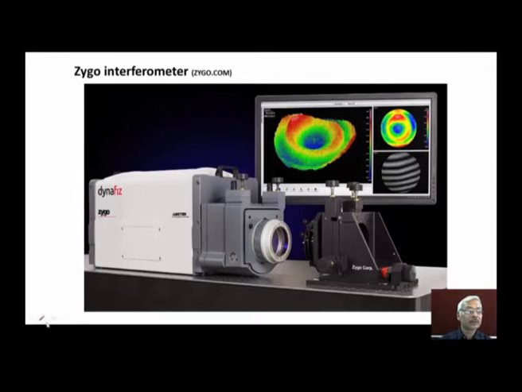Now here we can see another commercially available interferometer made by Jago Interferometer. We can see the table plate and surface on which the complete interferometer is placed.